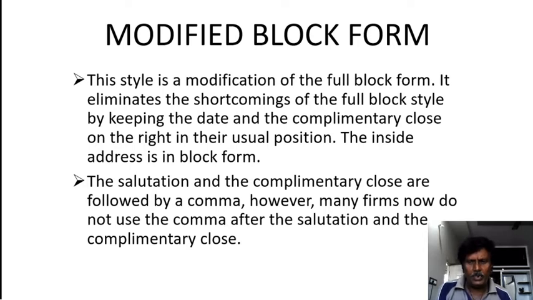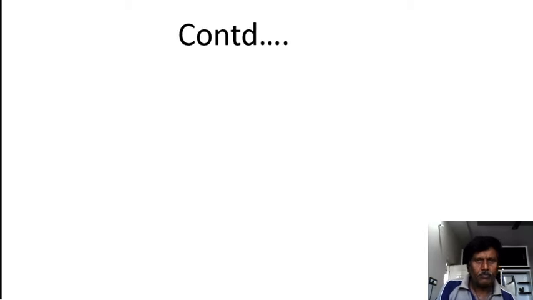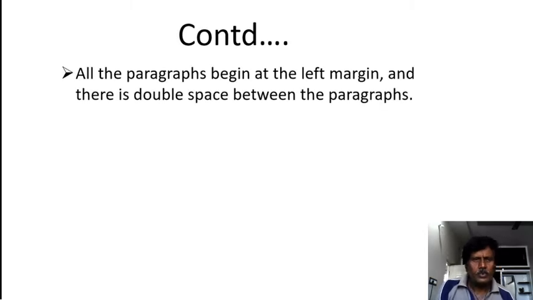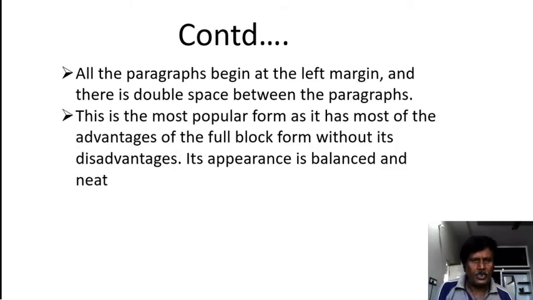However, many firms now do not use the comma after the salutation and the complimentary close. Another feature is all the paragraphs begin at the left margin and there should be space between the paragraphs. Then, this is the most popular form as it has most of the advantages of the full block form without its disadvantages.